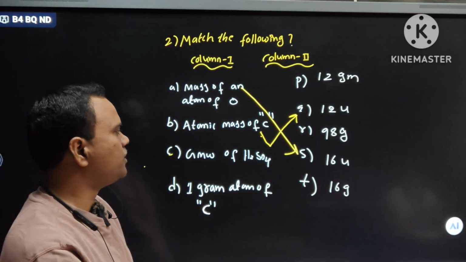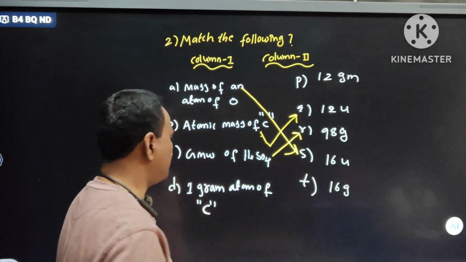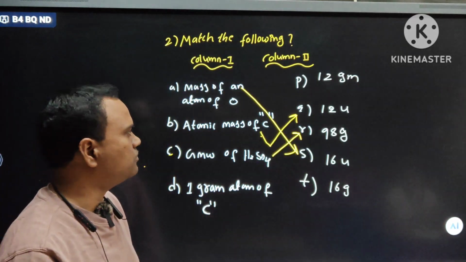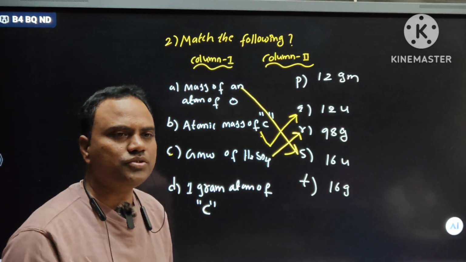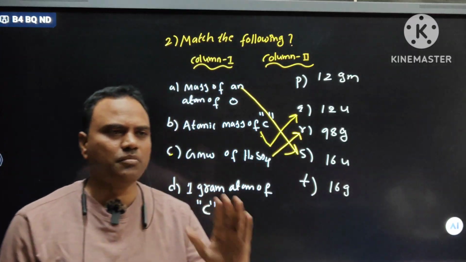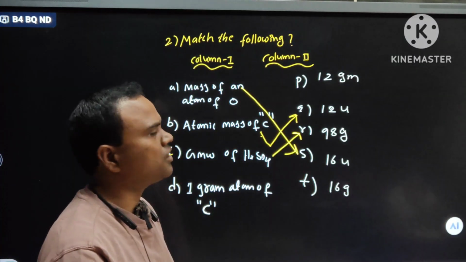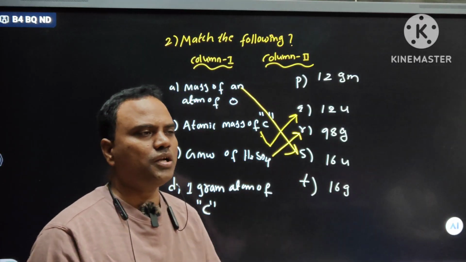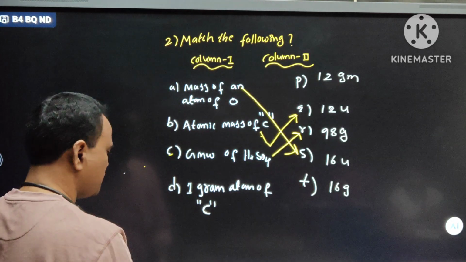Next, gram molecular weight of sulfuric acid, 98. 1 gram atom of carbon is equal to its gram atomic weight, 12 grams. 1 gram atom of any element is equal to its gram atomic weight; I already gave this.